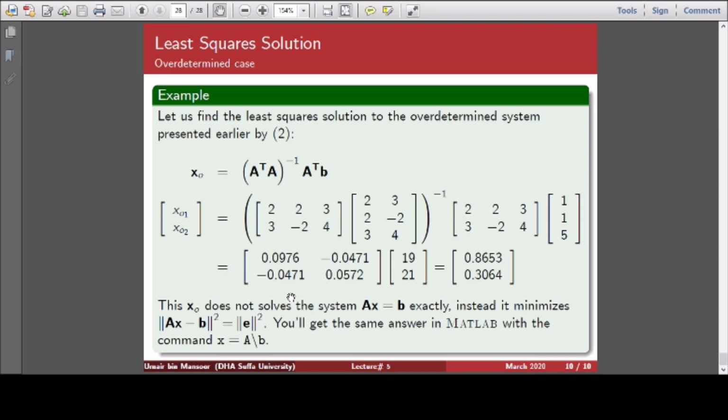So you can solve this same example in MATLAB as well by this command. You just write A backslash B, so you'll get X similar to this. You're going to get exactly the same answer. So behind this, it's going to solve it similar to this form.